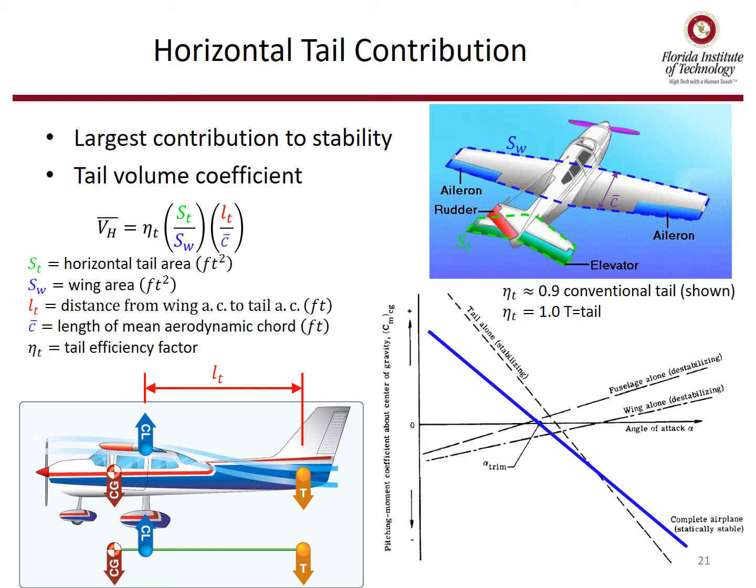But for a conventional aircraft, 0.9 is a pretty good ballpark. So again, on the lower right-hand plot, we see that the tail is the main stabilizing factor that causes the overall aircraft Cm versus alpha or Cm versus Cl curve to have that negative slope we need for positive static stability.